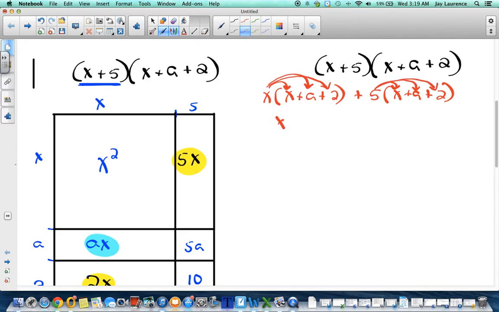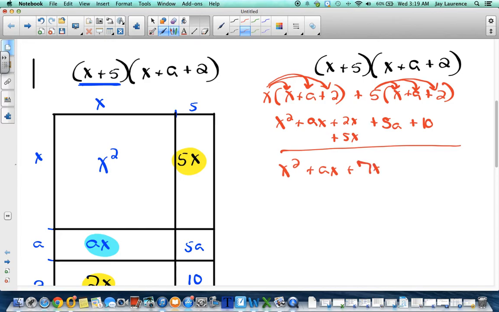So you're going to get x squared plus ax plus 2x. And then you're going to get plus 5x plus 5a plus 10. And then when you combine like terms, you would get x squared plus ax plus 7x plus 5a plus 10. All right?